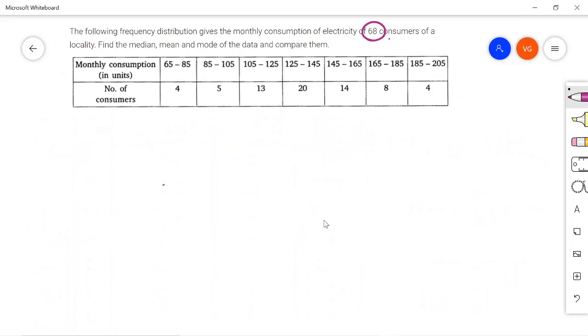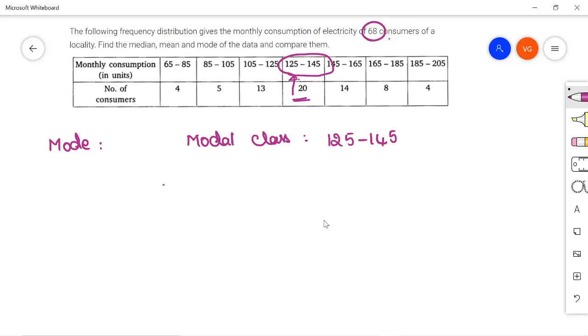Now let us calculate the mode. Simply by observing the given data, we know the maximum frequency is 20. So the corresponding class is the modal class. The modal class here is 125 to 145, right? So from this, the lower limit is 125 and the class size h is equal to 20, right?